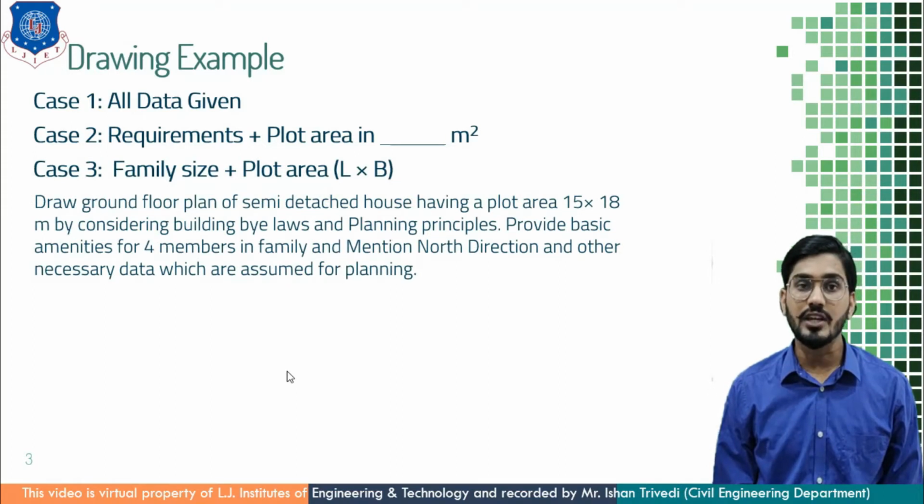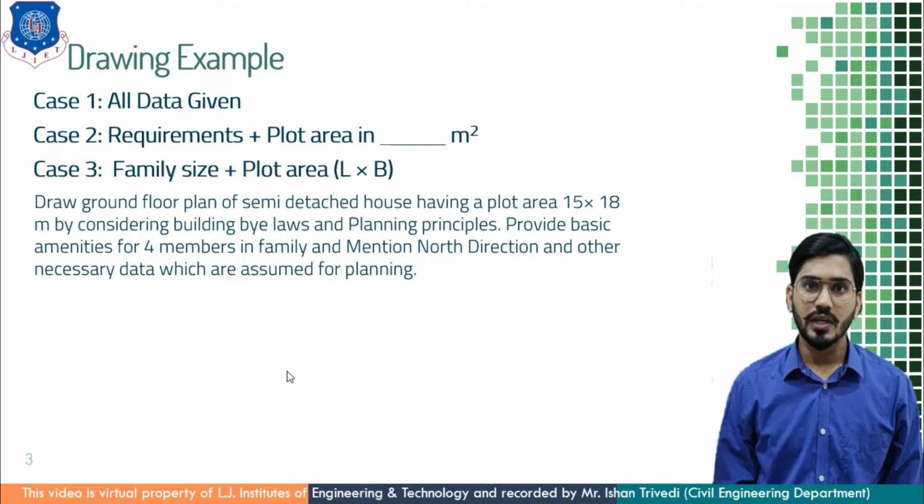Next, you are given only the family size and plot area in terms of length and width. So read the statement here. You will see the plot area is 15 by 18 meters, and you are given the family size. Here the family size is 4, but in which category?